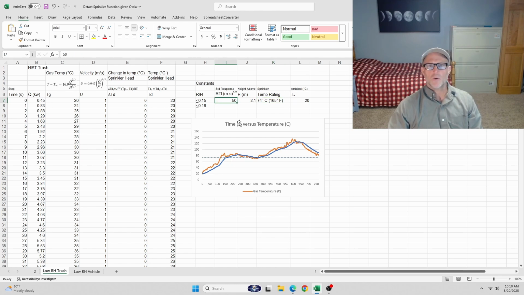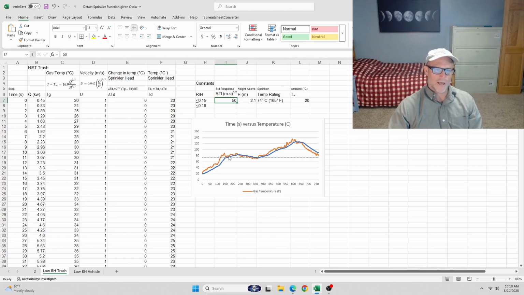Now, if I was using a quick response head, 165 degrees Fahrenheit, that's a 74 degrees Celsius rating, in that kind of fire, after flame ignition on that trash bag, this darkish blue line is the sprinkler head temperature, that eutectic metal I described.